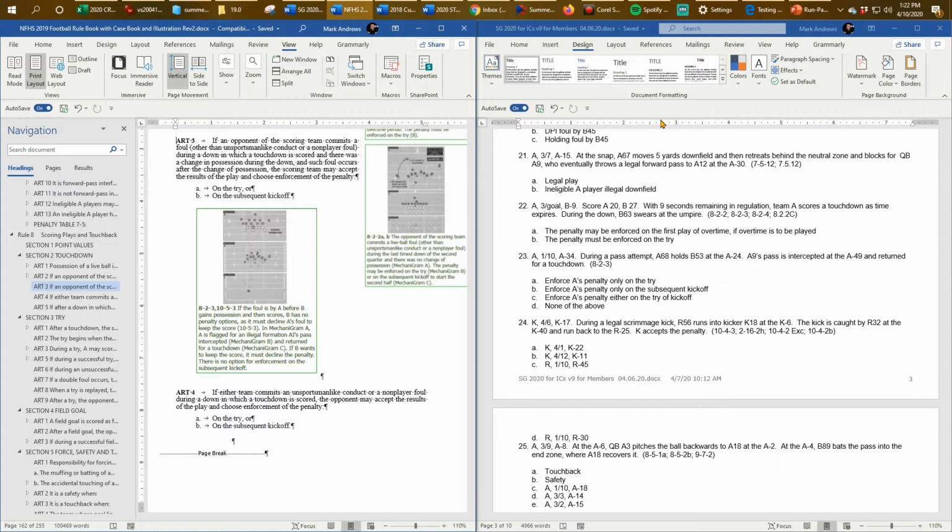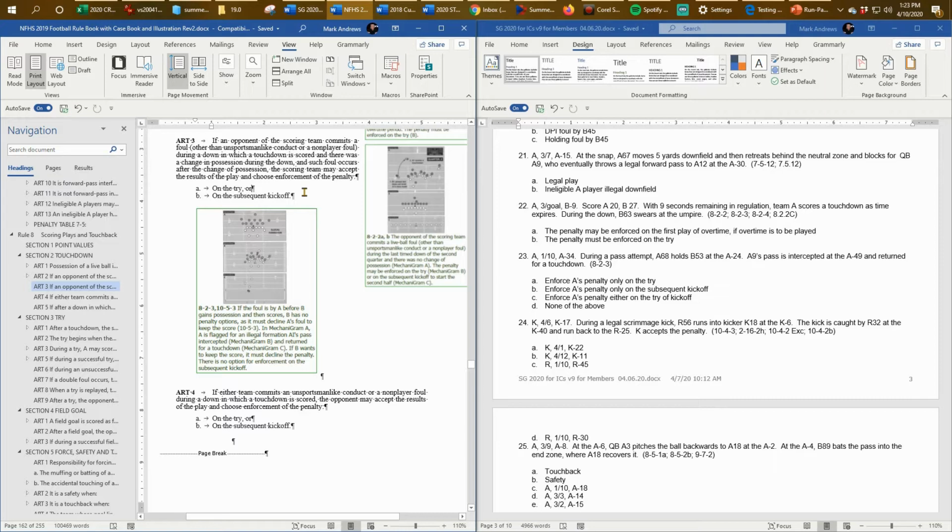The rule reference is 8.2.3. And it says, if an opponent of a scoring team commits a foul other than unsportsmanlike conduct or non-player foul during a down in which a touchdown is scored and there was a change of possession, that's the situation we have here, and such foul occurs after the change of possession, the scoring team may accept the results of the play and choose enforcement of the penalty on the try or the subsequent kickoff.